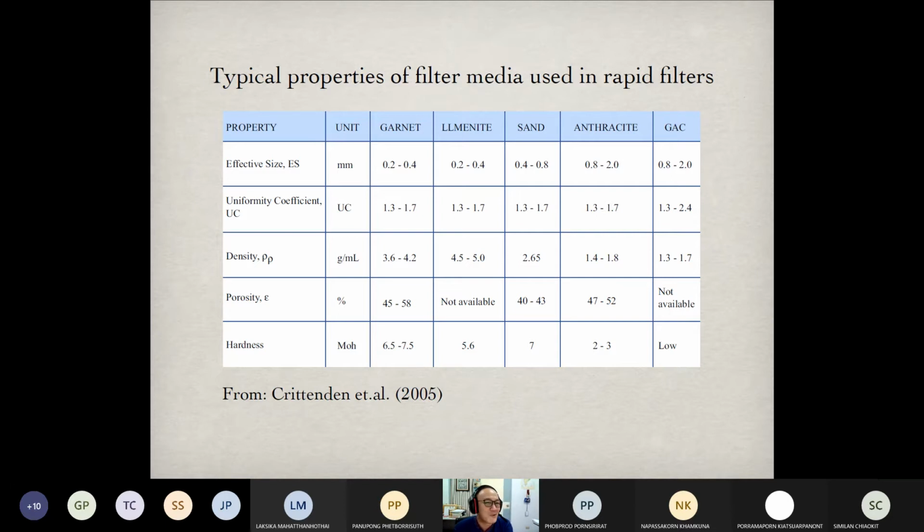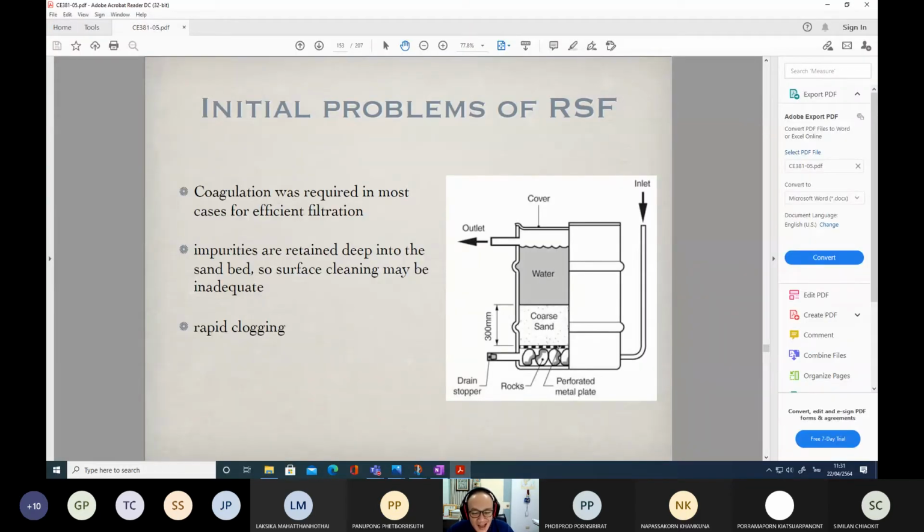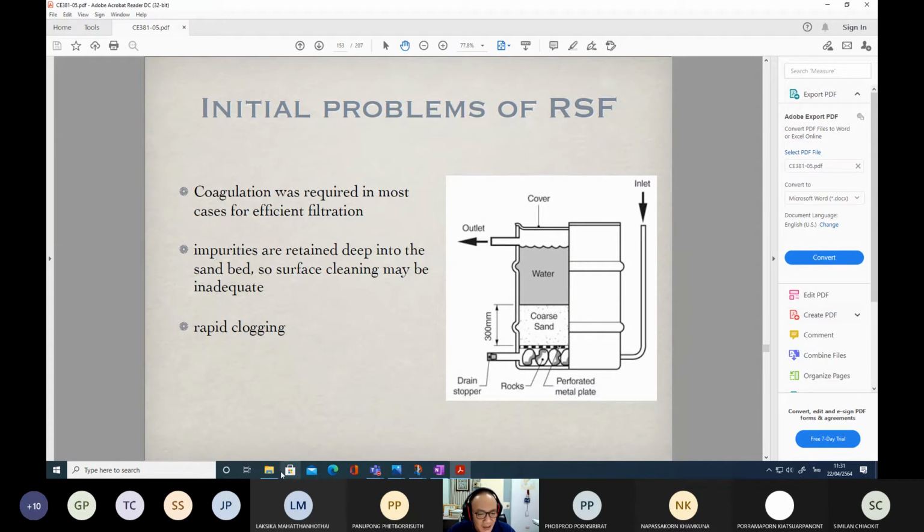These are the summarized typical properties of the filter media. Before moving to the operational problems of the rapid sand filter, I'd like to explain how we classify the sands and how we make use of the information after we do the sieve analysis.